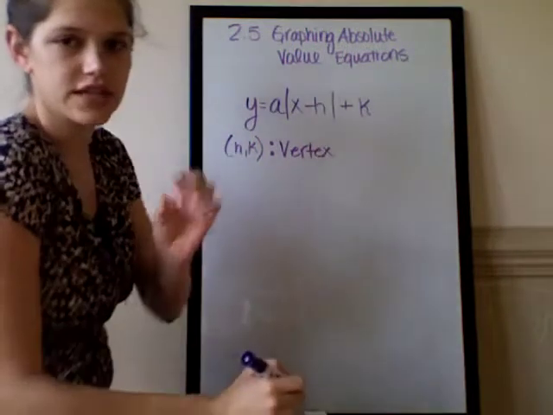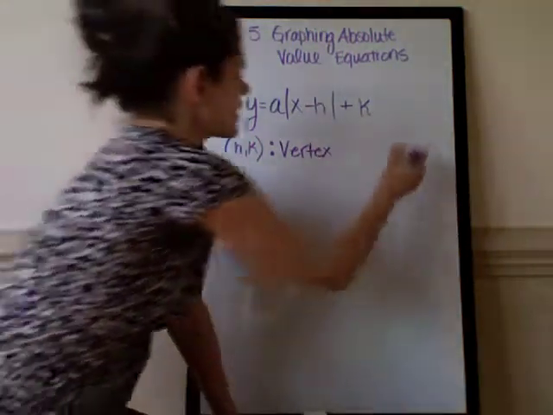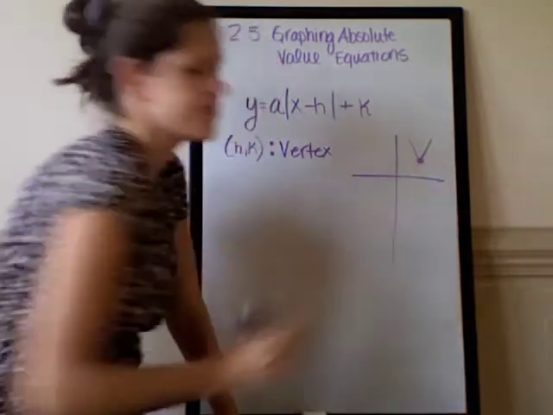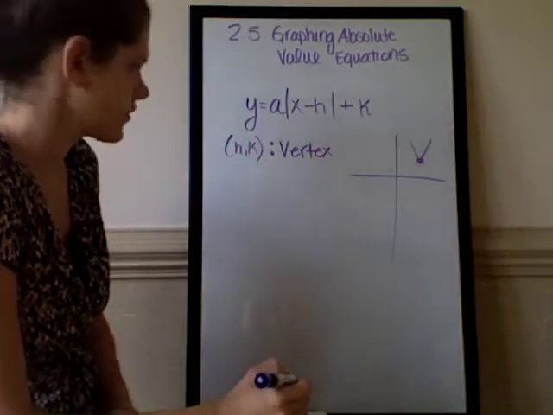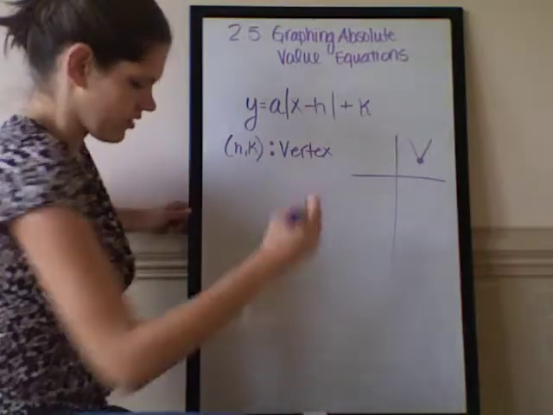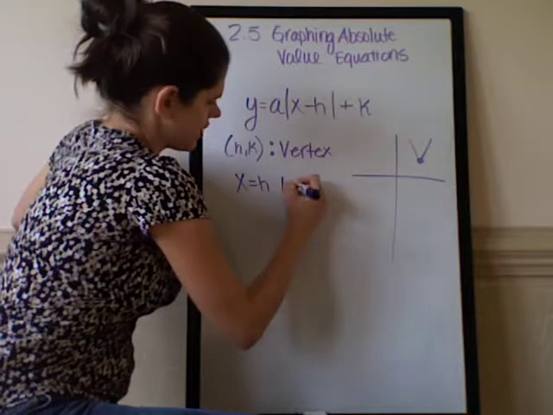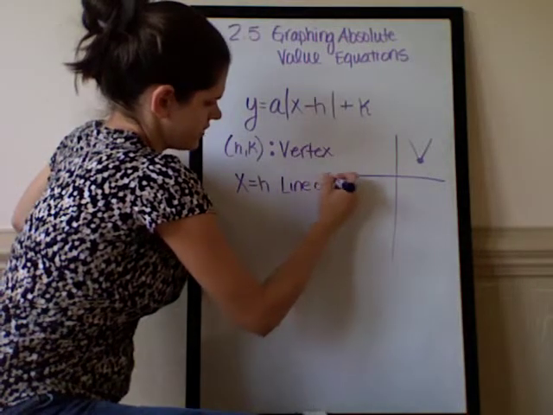Remember that your vertex is where your graph, in this case, if we're making a V shape, the bottom of the V is your vertex. And x equals h is your line of symmetry.